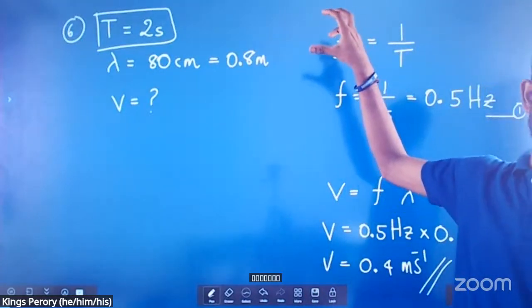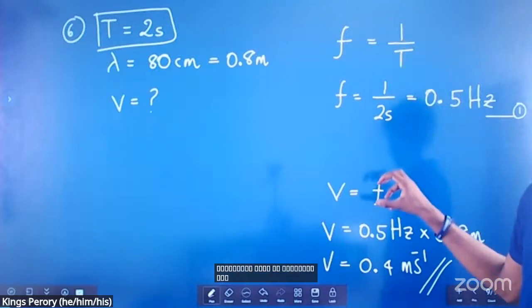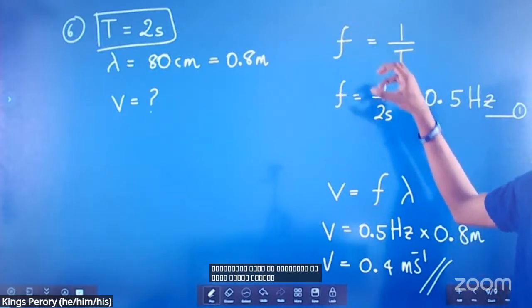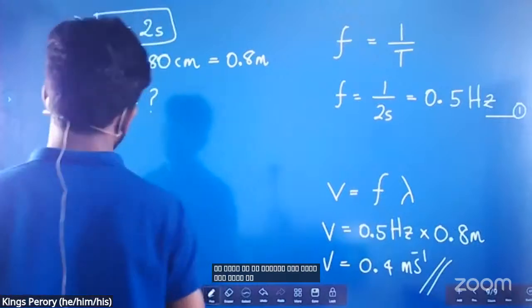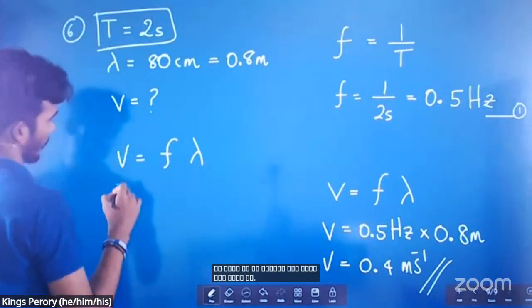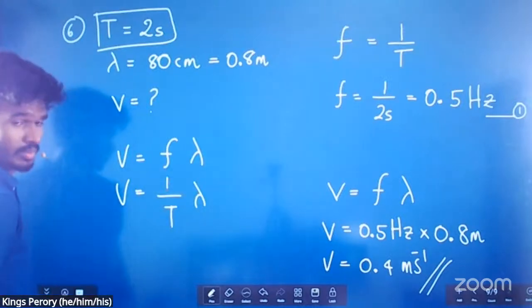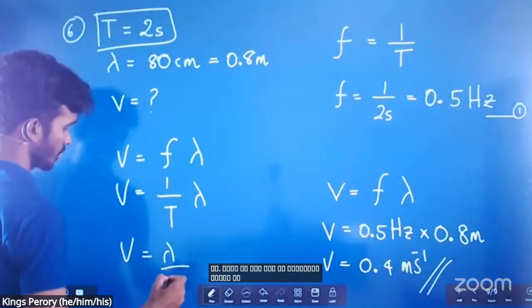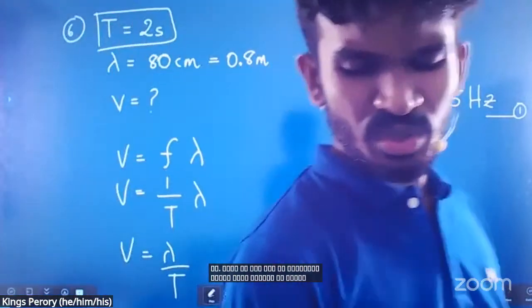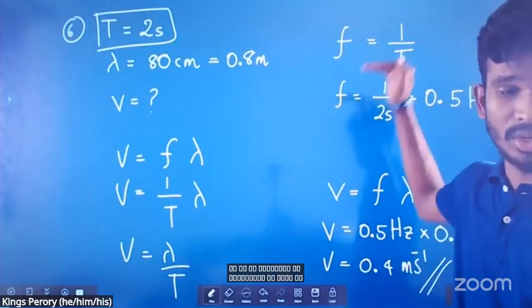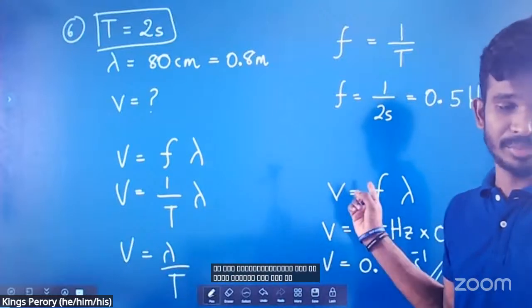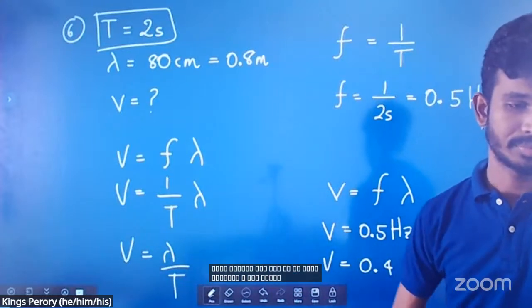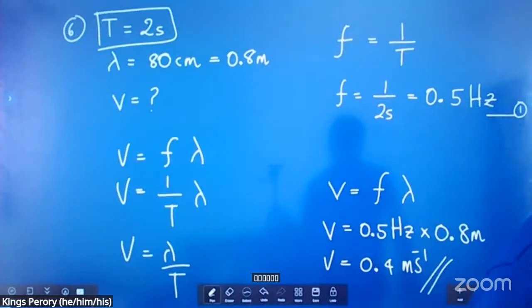Instead of f, you put 1 over T. So when you put 1 over T, she has rearranged the equation and told lambda over T. So you can do the question in one shot, no problem. I do it in 2 steps so that you all can understand properly. V equals lambda over T, that's the same thing I have done. The same answer will come. Understood?